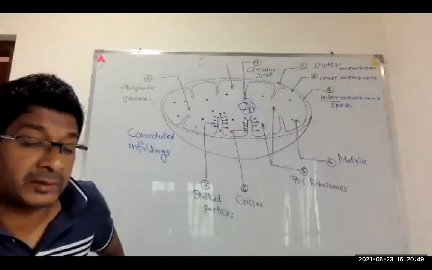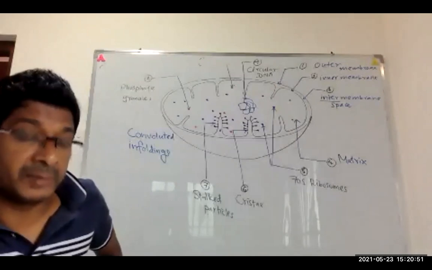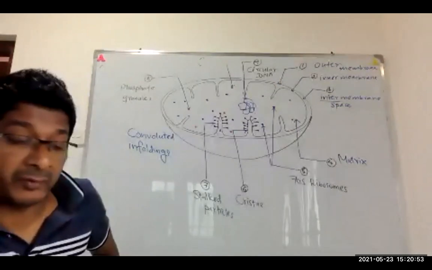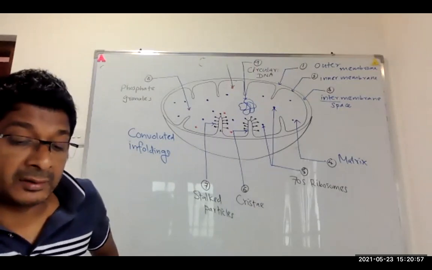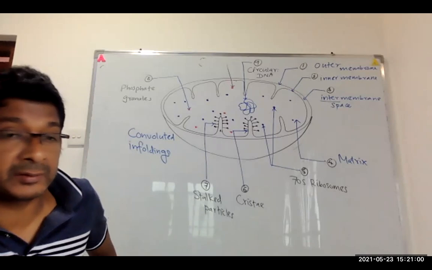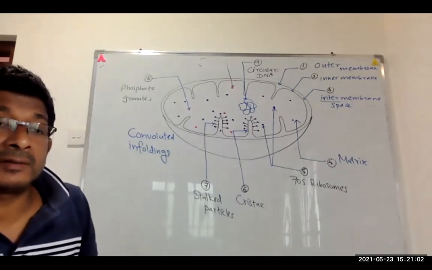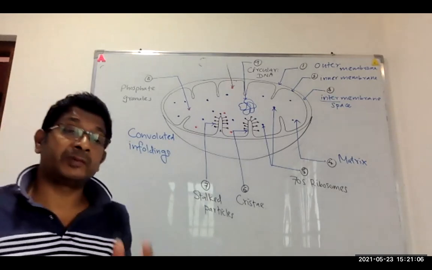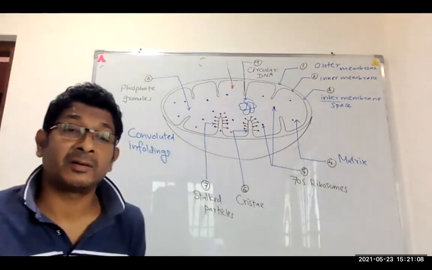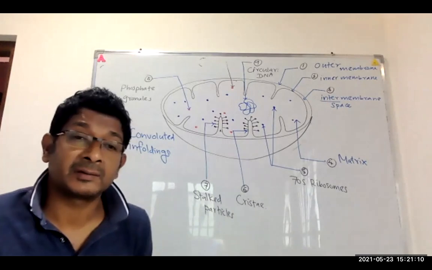The Krebs cycle takes place in the matrix of the mitochondria. The enzymes needed for the Krebs cycle are located in this matrix.